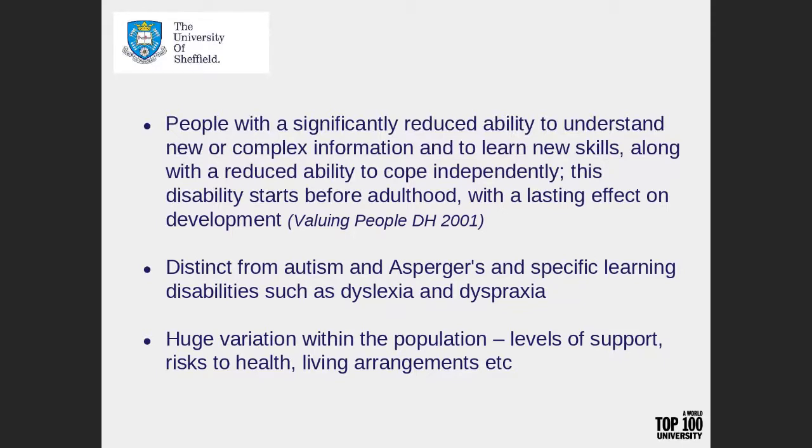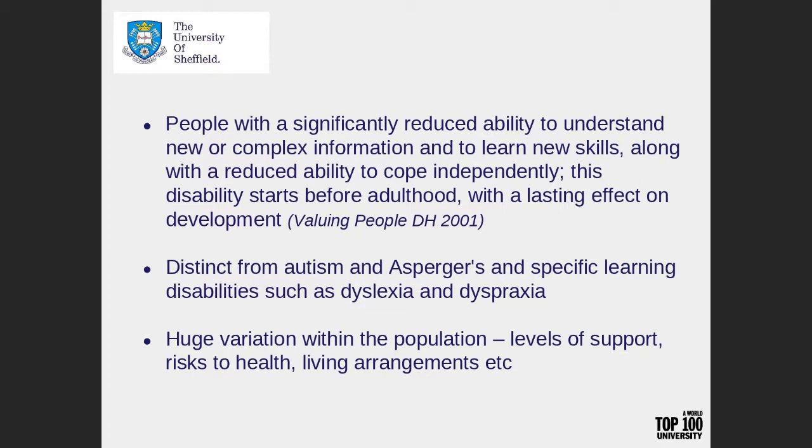And sometimes you also see the terms cognitive impairment or intellectual impairment, but those terms may include people with acquired brain injuries or with dementia. And whilst there might be some similarities, there are also important differences. And learning disability is also distinct from autism and Asperger's and other specific learning disabilities like dyslexia and dyspraxia.